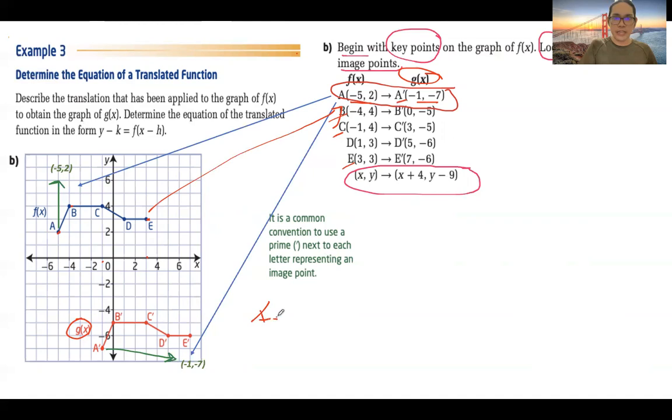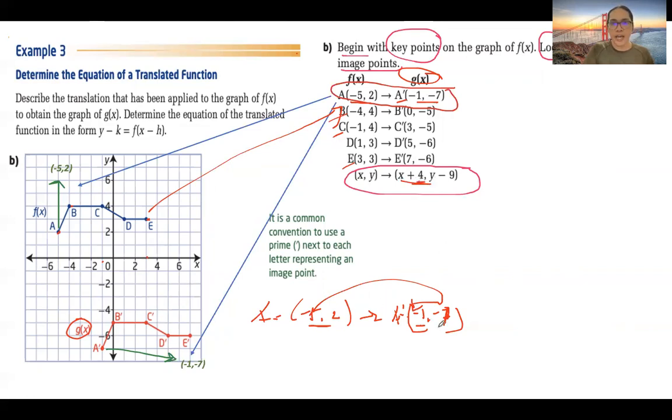Your A is -5, 2, so it is transformed into A prime, which is -1, -7. As you can notice, for your x, the pattern here is from -5 to -1. So what happened? We just add 4, correct, to get -1. That's why we have x plus 4 in here.